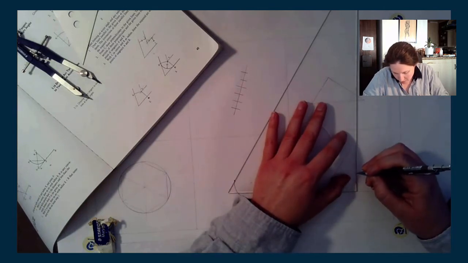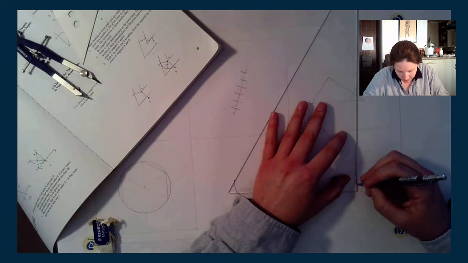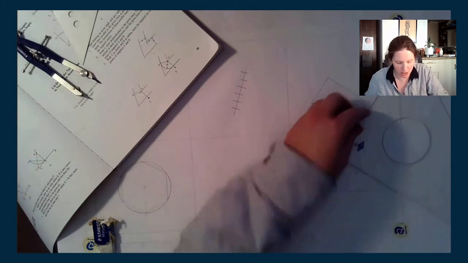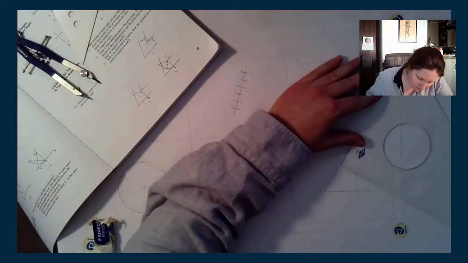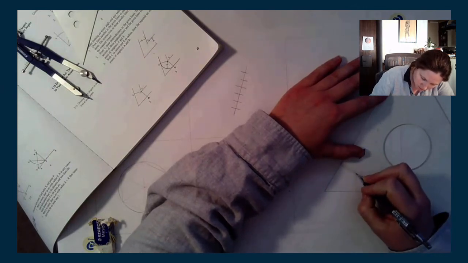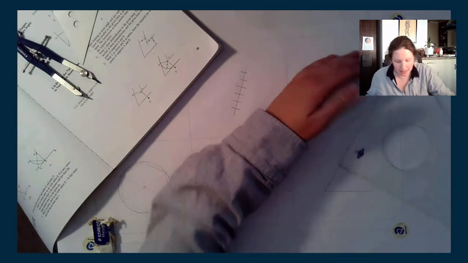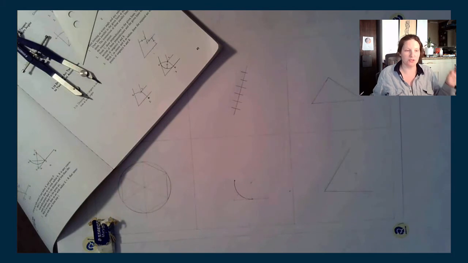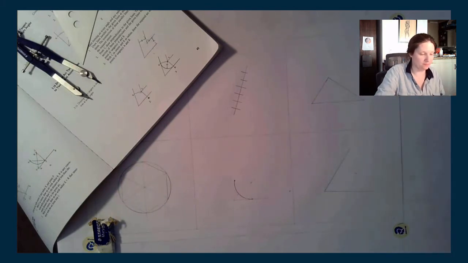And carefully, and very lightly, I'll draw that perpendicular line. And I'll do the same thing over here to get that tangent point. So I need those two tangent points because that's where my arc will stop and start, okay?